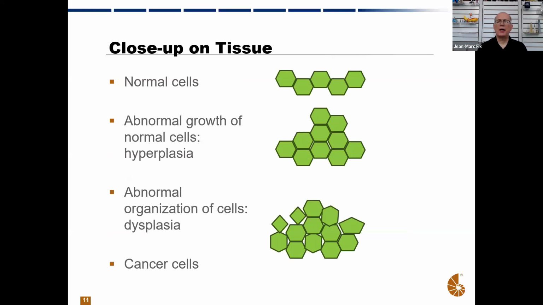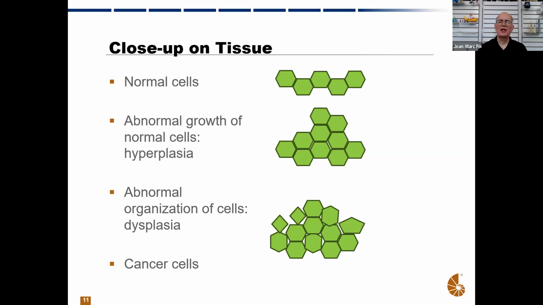So here I'll look at the most common cancer. It's the carcinoma, a cancer of the epithelial cells, which are the cover cells for your skin and many of your internal organs as well. Normally those cells are quite organized in a nice carpet that protects you and protects the organ. But sometimes those cells overgrow, and then you get what is called hyperplasia.